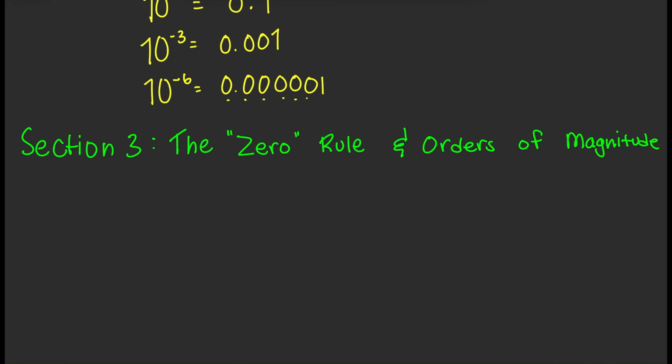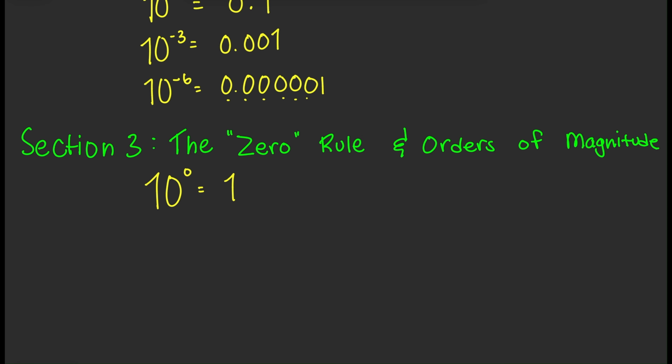We'll write 10 to the zero, which is just equal to 1. Here the rule is going to seem a little strange, but it's vital, because 10 raised to 0 is always 1. That's going to be our undiluted baseline.